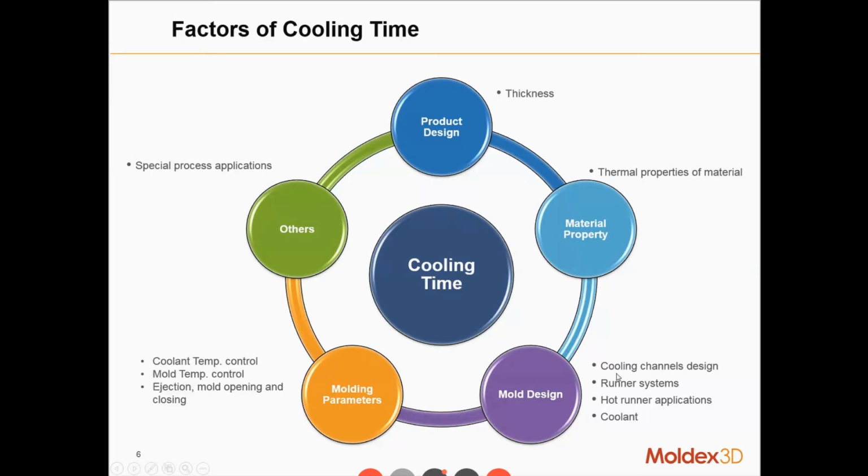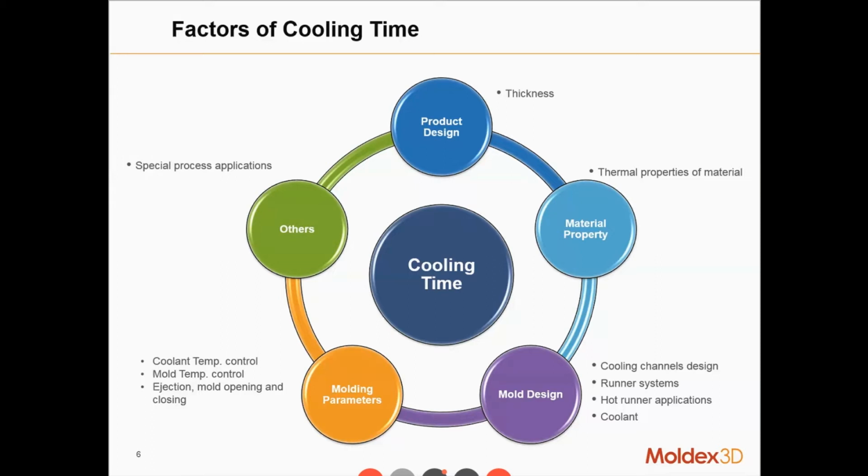And then the mold design: how well you prepare the cooling channel, the layout of the runner system, or the type of hot runner system.